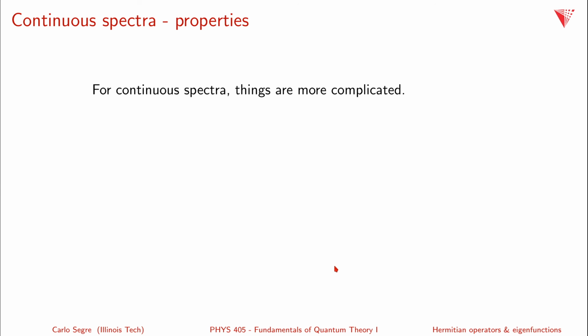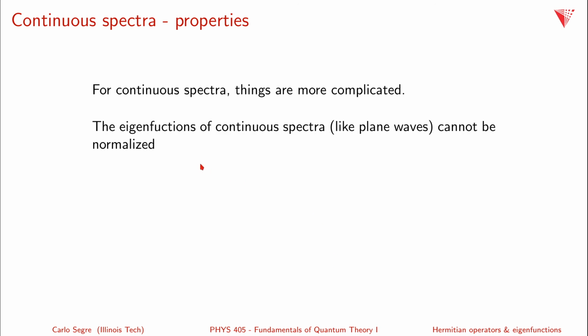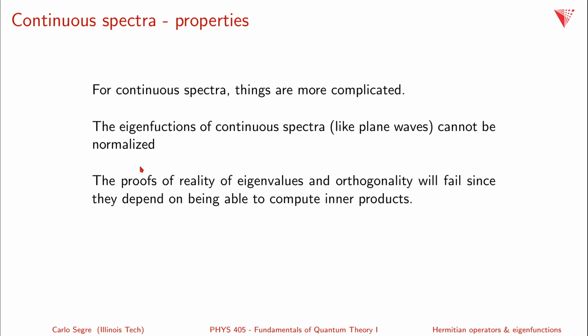What about continuous spectra? Well, for continuous spectra, things are a little bit more complicated. Eigenfunctions of continuous spectra, like plane waves, as we mentioned before, cannot be normalized. Therefore, because they can't be normalized, the proofs that we just did for discrete functions of reality of eigenvalues and orthogonality will fail, since they depend on being able to compute the inner products.